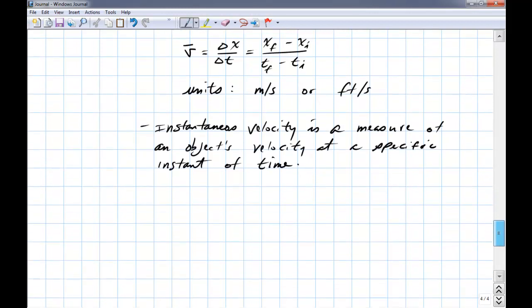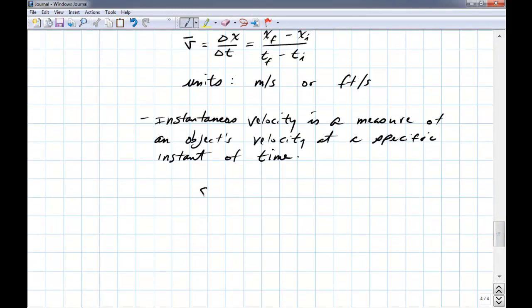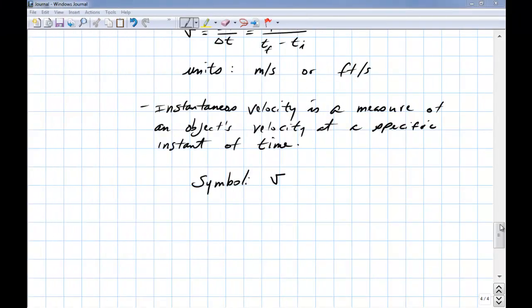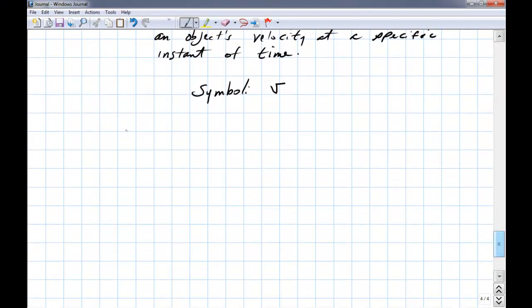The symbol for instantaneous velocity is just v without a bar, and the units are the same as that for speed, and average velocity. Now there are some important facts that I'd like to share with you.